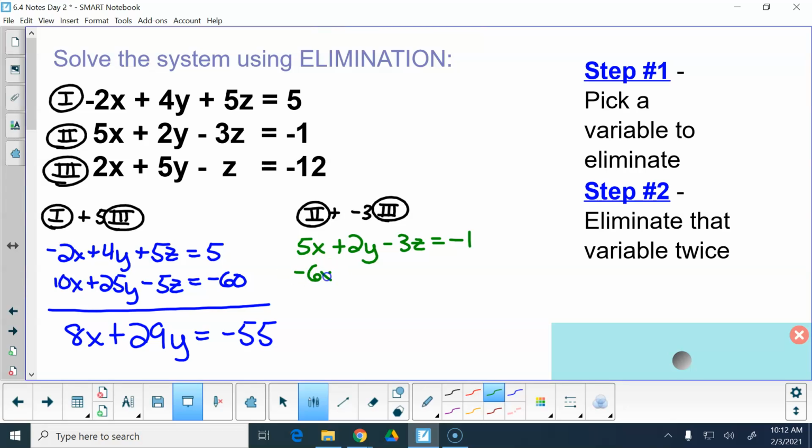Negative 3 times the third gives negative 6x minus 15y plus 3z equals positive 36.